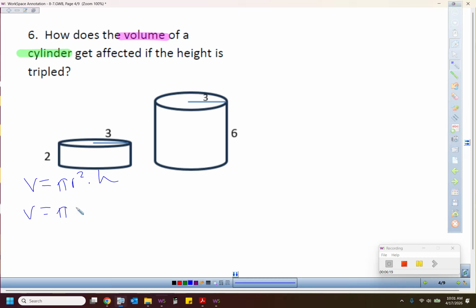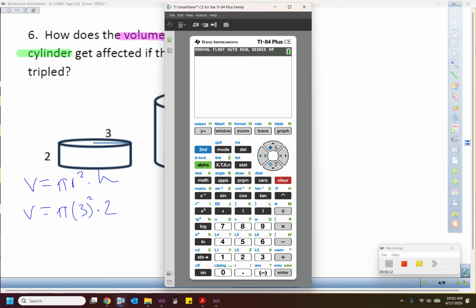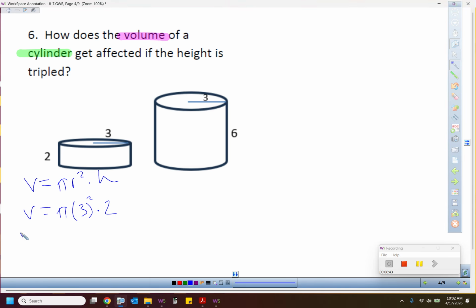What's the radius of this cylinder? 3. And the height is 2. Then we'll punch that in. I think we can get the decimal. We've been doing it that way all chapter, might as well keep doing it. So pi times 3 squared times 2, and like 56.5-ish.